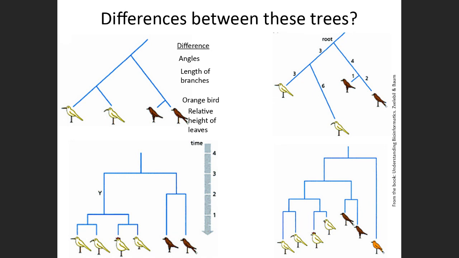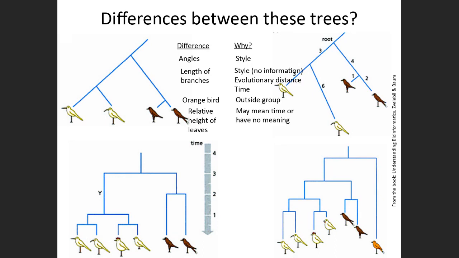So here I'm telling you what the differences are. There are differences in the angles, this is turned sideways in a way in comparison to that. And the orange bird is an extra thing here, which would be an outside group to root this tree.